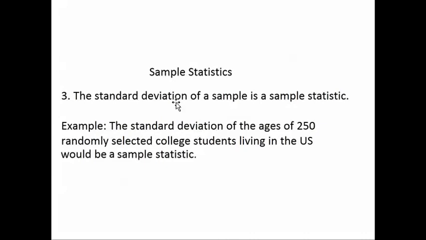A standard deviation that's calculated with data from a sample is a sample statistic. If I selected 250 college students who live in the US, recorded their ages, and then I calculated the standard deviation of those 250 ages, the value that I've calculated would be a sample statistic, because it was calculated with data from a sample. So I said that any value calculated with data from an entire population is a population parameter, and any value calculated with data from a sample is a sample statistic.